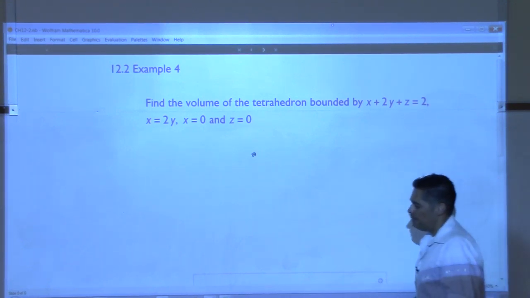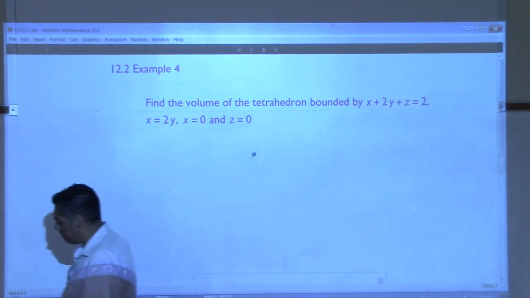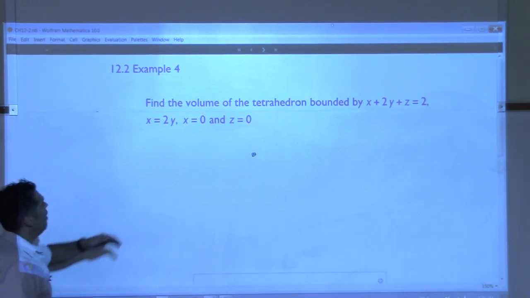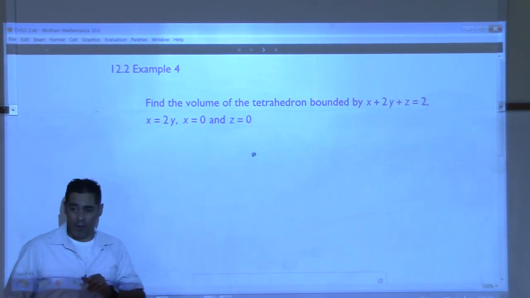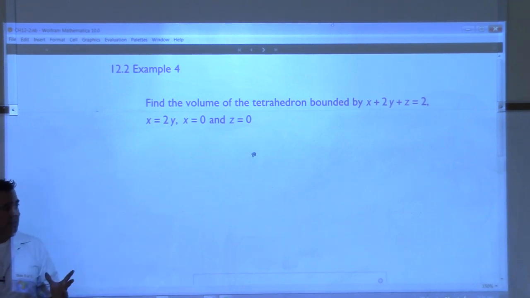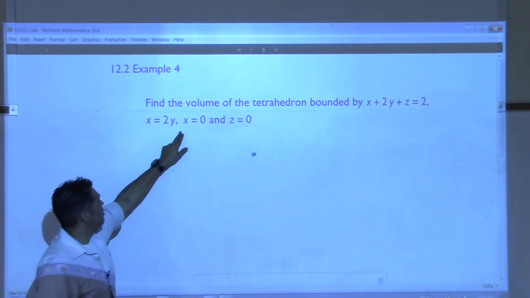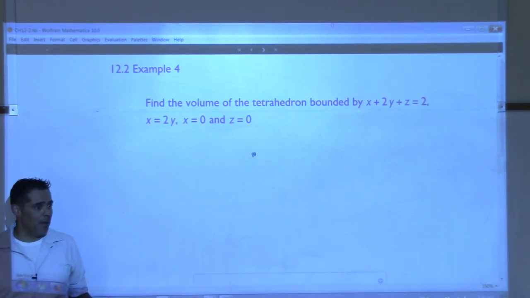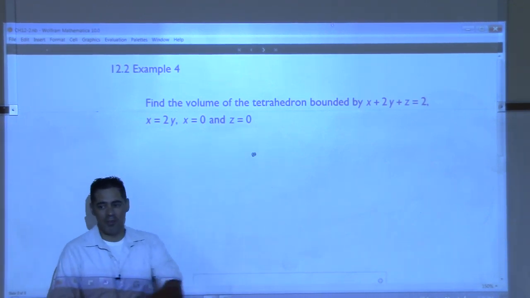So we want to find the volume of a tetrahedron that has a plane as one of the boundaries. X equals 2y is another plane in three-dimensional space, right? X equals 0 is the YZ plane, so that's another plane, right? And then Z equals 0 is the XY plane.